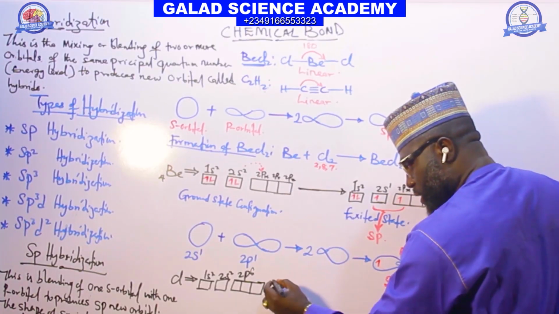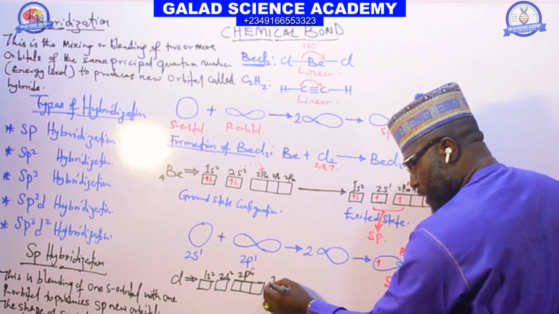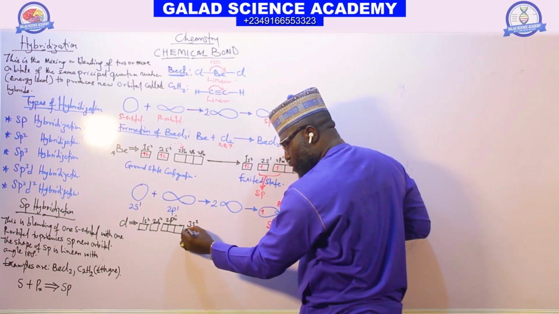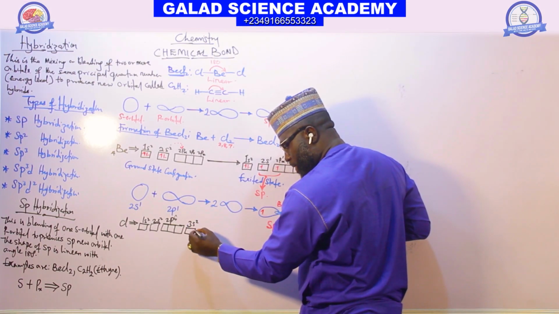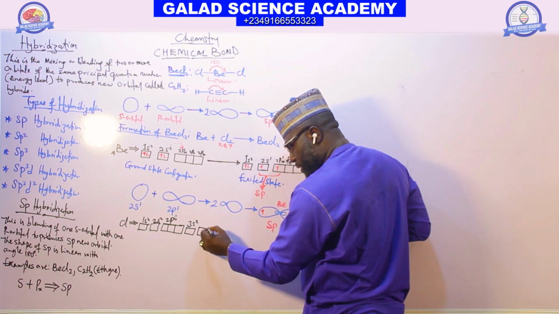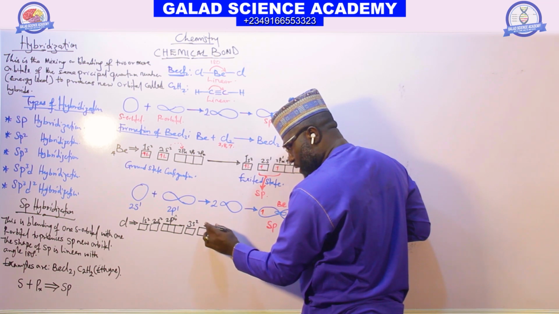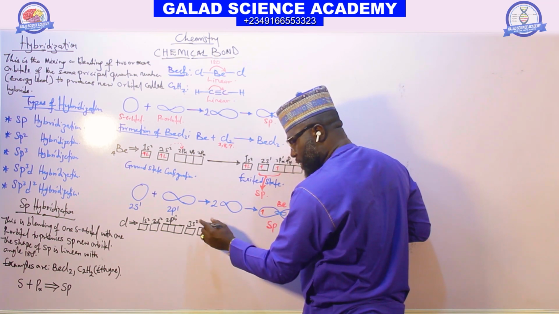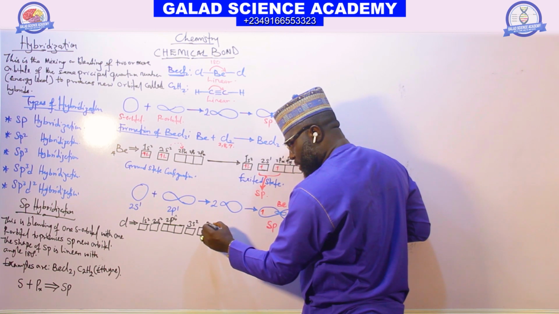Then we have 3s2 here, then followed by 3p, you need 5: 3p5.